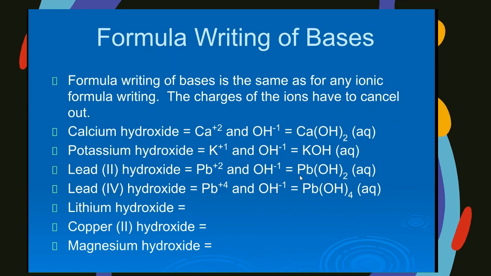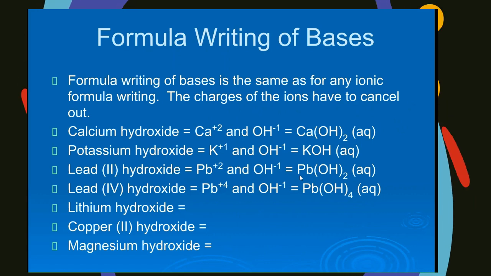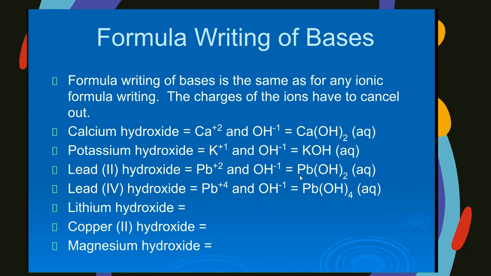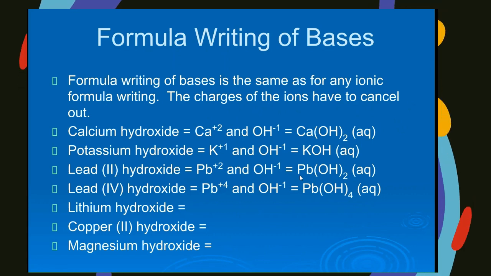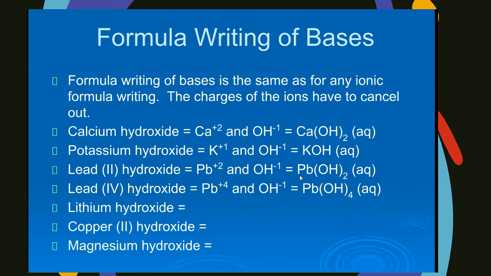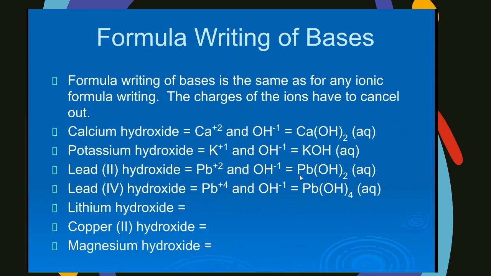Potassium hydroxide, K plus 1 and OH minus, is KOH. Lead(II) hydroxide means Pb plus 2 and OH minus, so you write Pb(OH)2. I have given some homework also. You will write that in the comments.